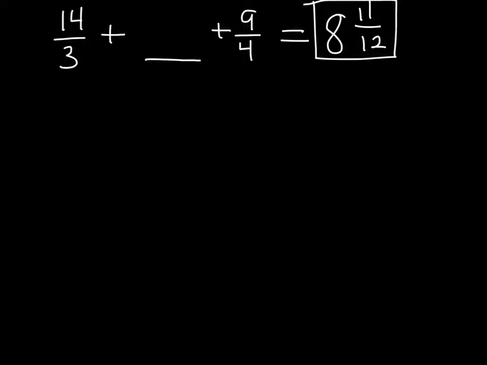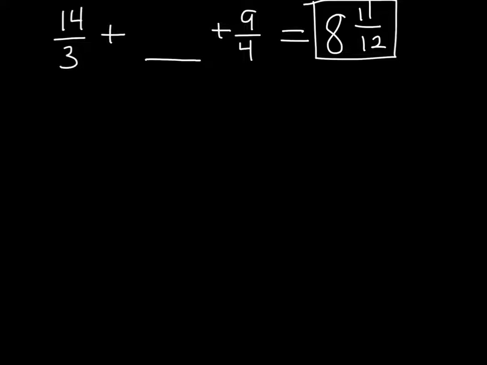And before I do that though, I want to take out the whole numbers from these improper fractions, because I don't have to multiply 4 times 14. I need to multiply 4 times 3 to get the 12 I need for my denominator.